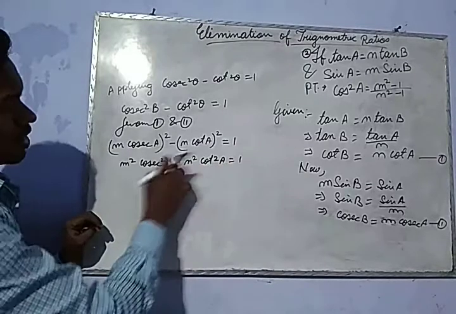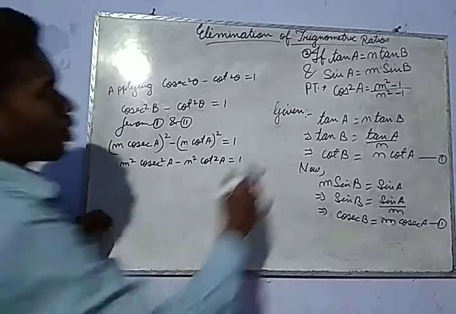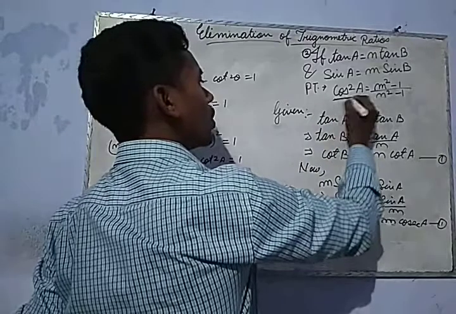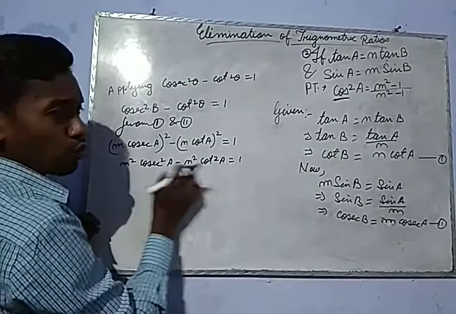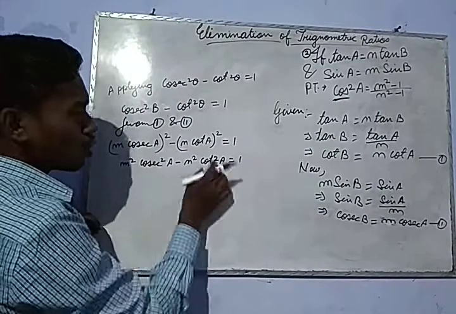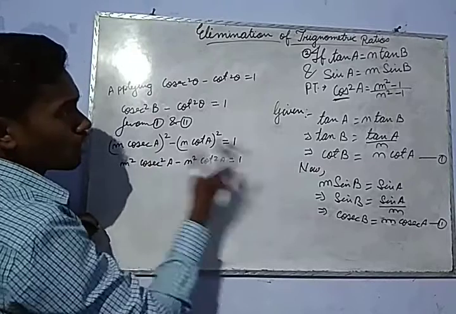Now we will change this into sine and cos, because what do we need to get? We need to get cos square A. So it should not be in the form of cosec, cot and sec. It should be in the form of sine and cos.